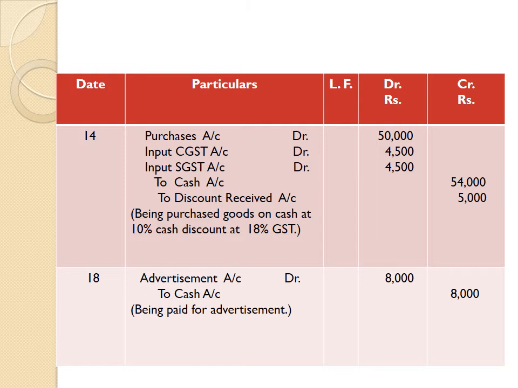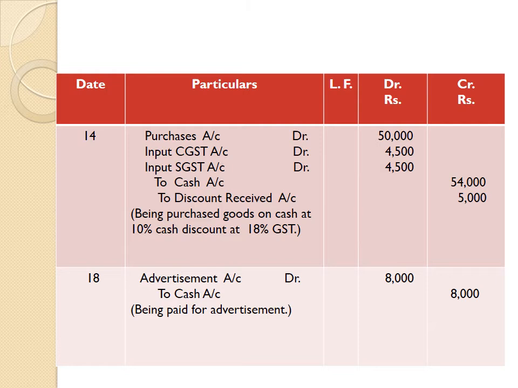These three things are debited. So consider first purchase account debit 50,000. We are prefixing input before GST in case of a purchase transaction.